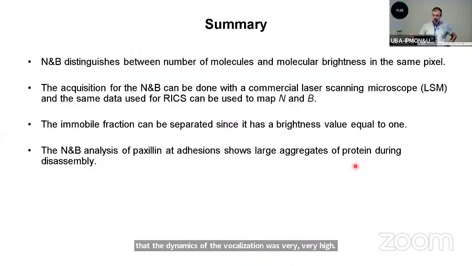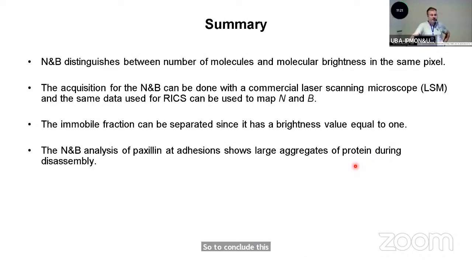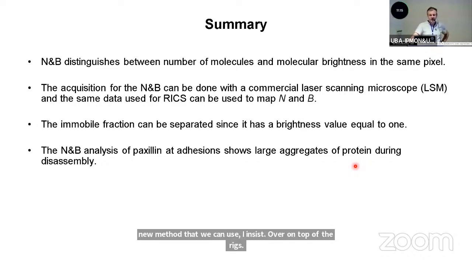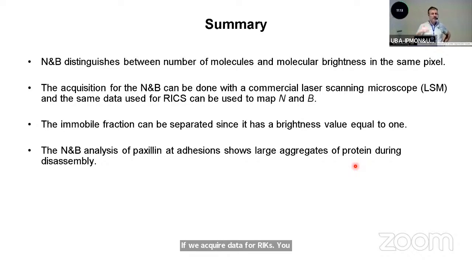So to conclude this presentation about this new method that we can use, I insist, on top of the RICS, if we acquire data for RICS, it is interesting because we can put another level of understanding of our system. We can understand the number and the brightness of molecules in each pixel. And using this, we can compute the concentration and the oligomerization we have within the pixel.